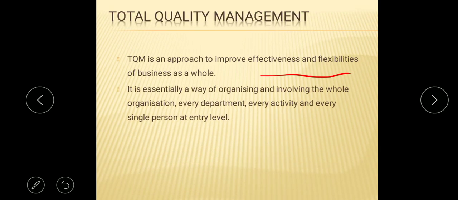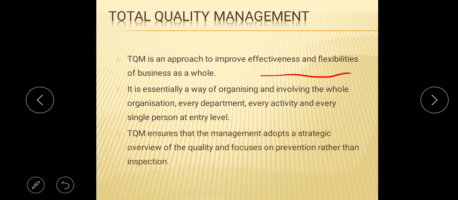Then it is essentially a way of organizing and involving the whole organization, every department, every activity and every single person at entry level. TQM ensures that the management adopts a strategic overview of the quality and focuses on prevention rather than inspection.